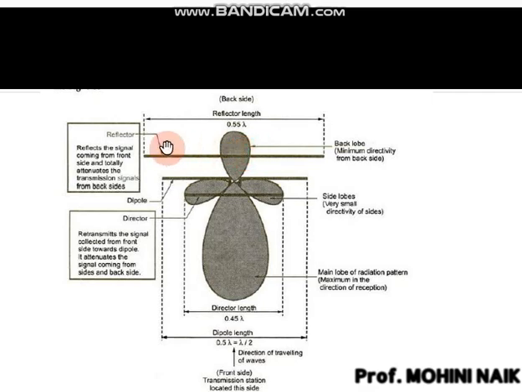Now what is the function of this reflector? Basically it reflects the signal coming from the front side and also attenuates the transmission signal from the back side as well. All these are dipoles, and you can very well design this using simple aluminum rods. One of our students from the satellite club has already designed this.